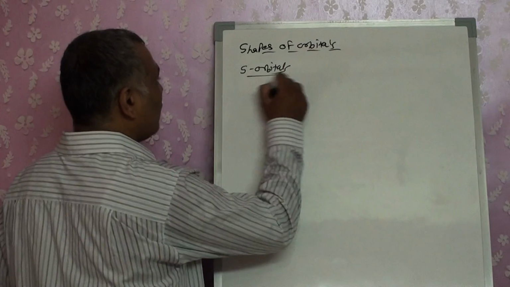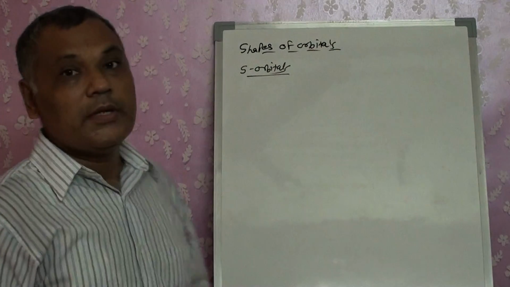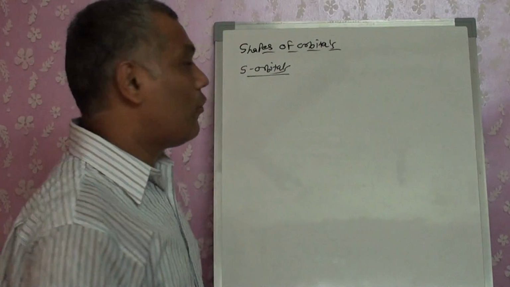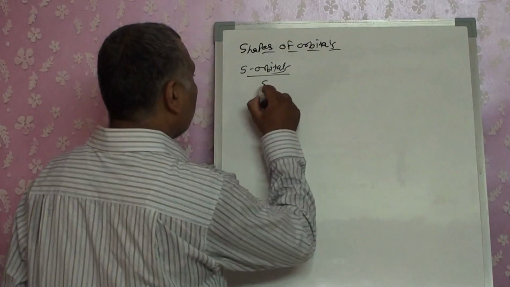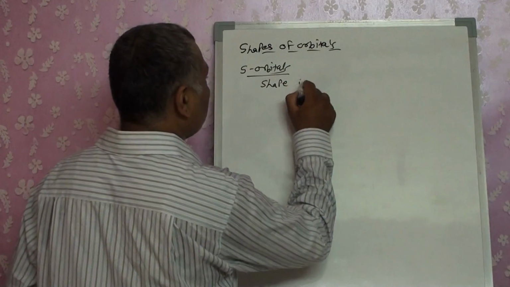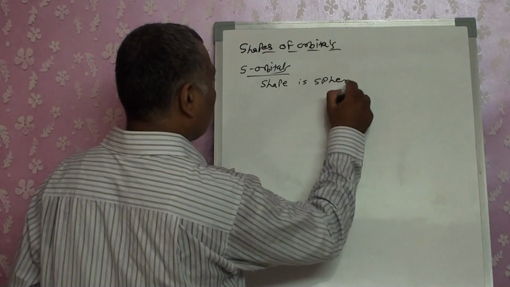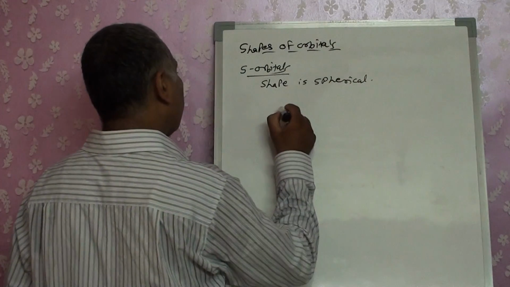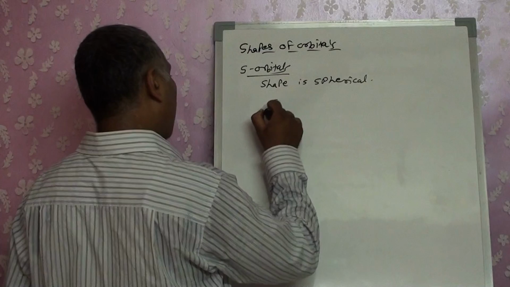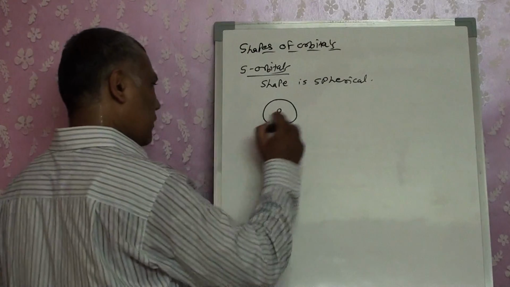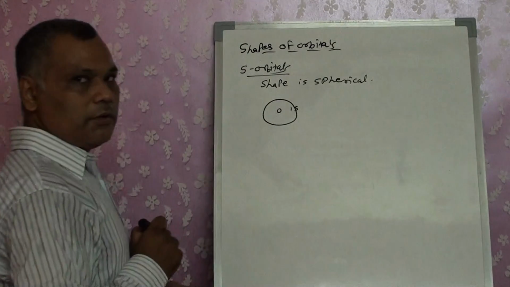First of all, we will go for s orbitals. In the s orbitals, what shape are we going to get? The shape is spherical. That means the nucleus, and around the nucleus, this is the 1s orbital.